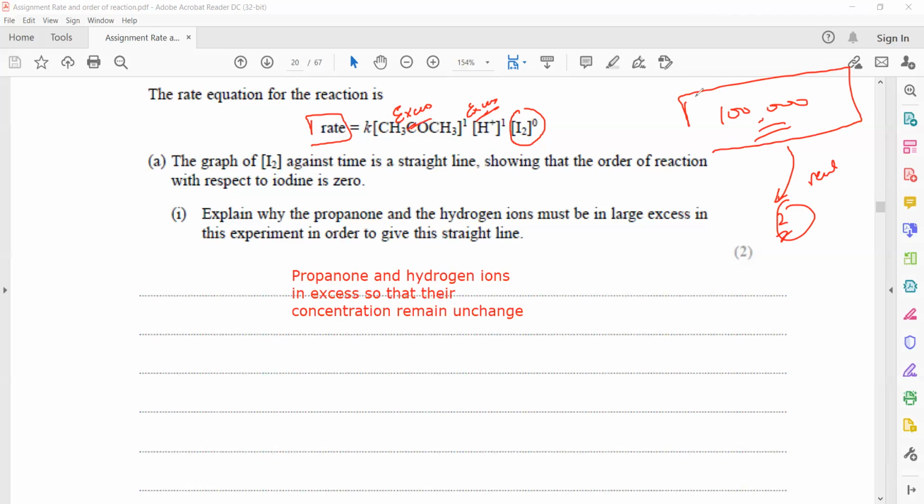And the second thing, the effect on the rate due to change in concentration of iodine can be identified.